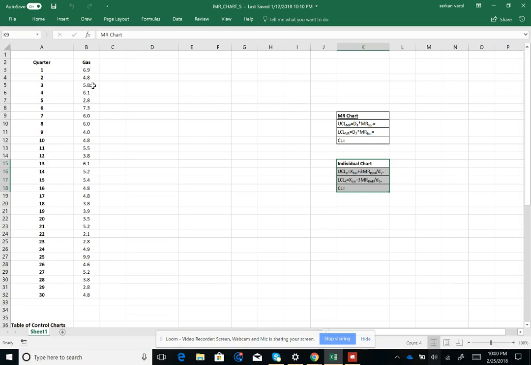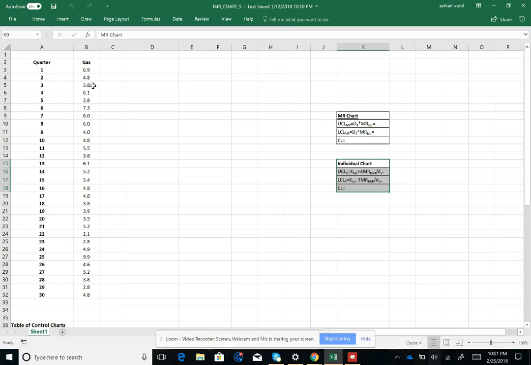As you can see, it's difficult to group those numbers into a rational group because those numbers vary, and I cannot find a logical way to group those measurements. So I come to a decision that an IMR chart is a perfect way for this specific case.